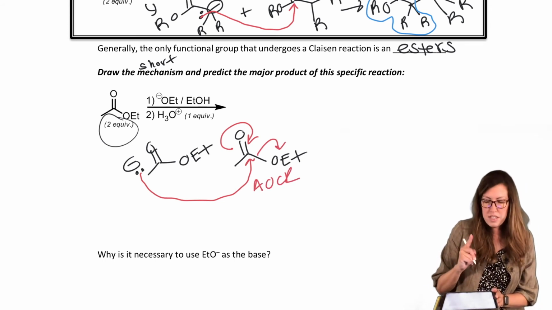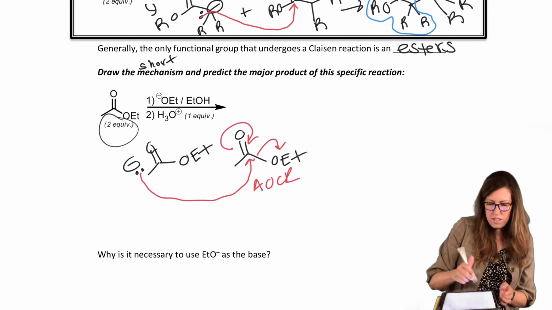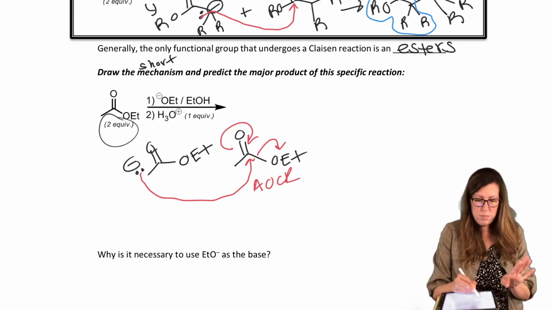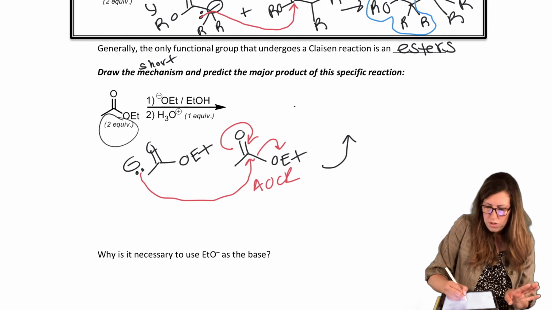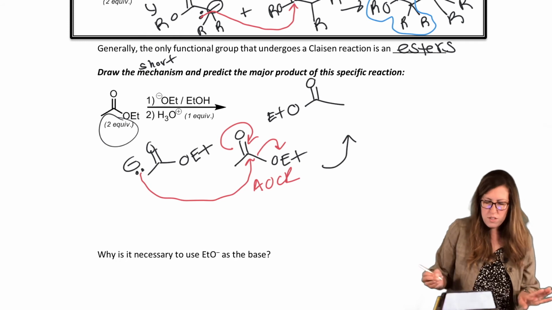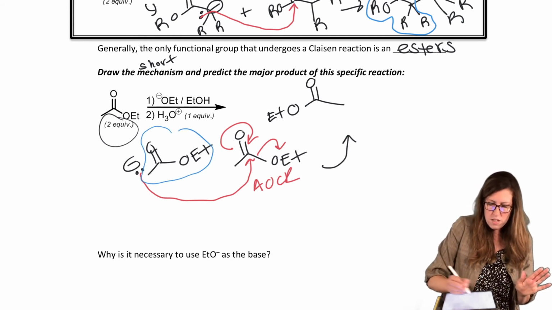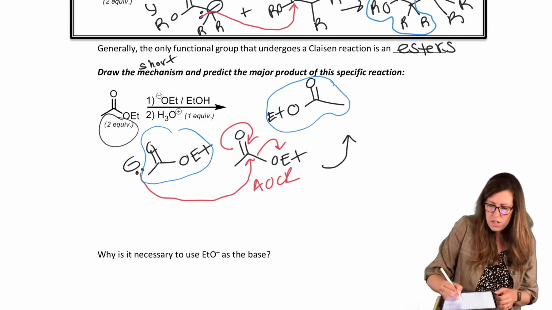That's the shortcut mechanism. And that means I've got to flip this guy around because he on the left attacked his friend on the right. So I'm just going to flip the whole thing to look a little bit more like it's supposed to in the end. So I'm putting the ester OR on the left. Okay, so that's my enolate piece right here. It attacked, made a new bond to the carbonyl carbon.